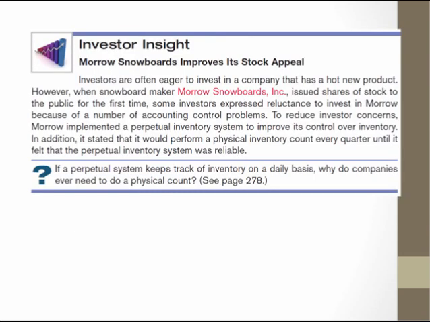So what's the importance of keeping track of inventory? Remember the days when you would go to a store and you would ask somebody if certain inventory items were available. In the old days, where companies used the periodic inventory system, they could only tell you what they knew was in inventory at any given time. They would pretty much say, well, let me go check in the warehouse, and they would say, this is what we have.